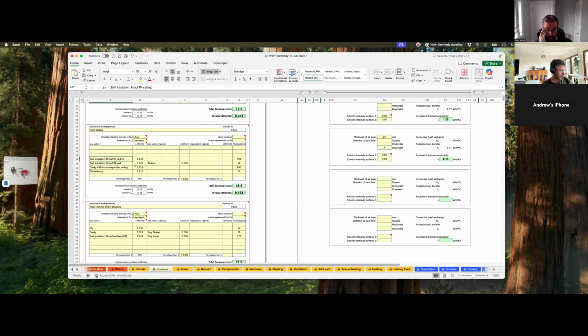We've got the cavity, which I'll put in as 200 mil because that's what I've been told in terms of your dehumidification. Then you've got 10 mil plasterboard, which gives us a U value for the whole system of 0.163, which is pretty low. So the U value, the lower the better. The R value, the higher the better.